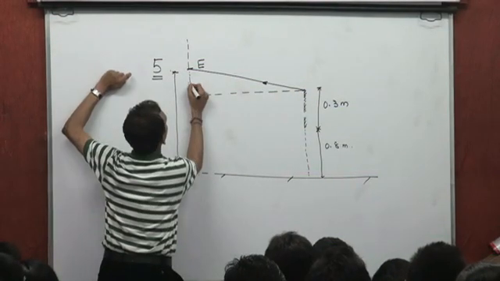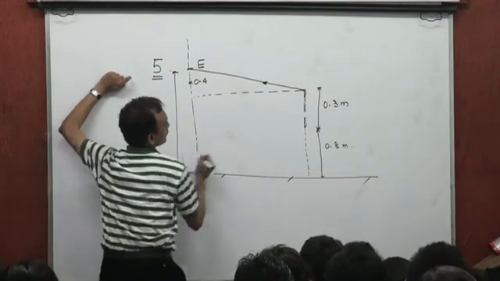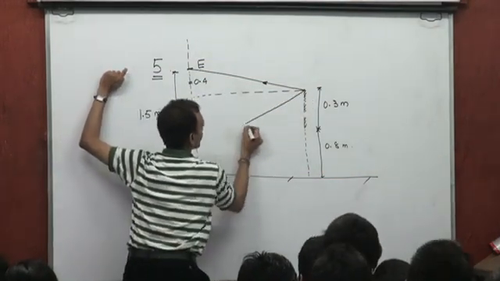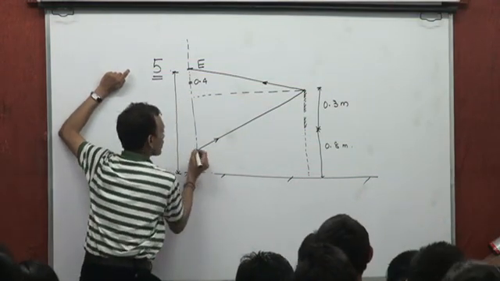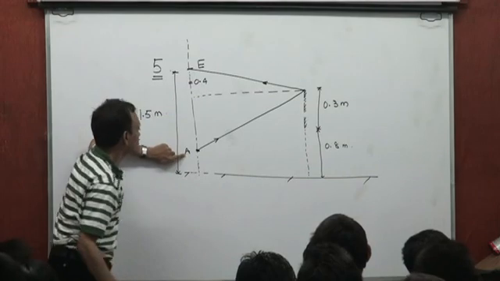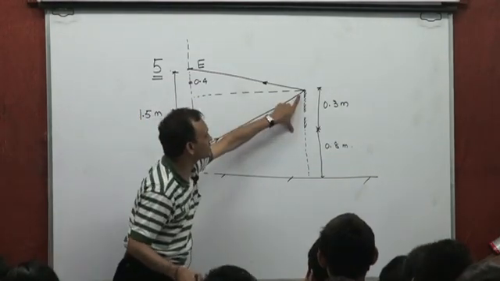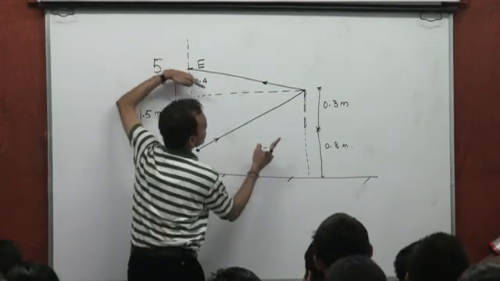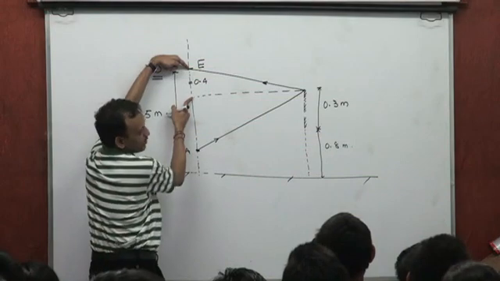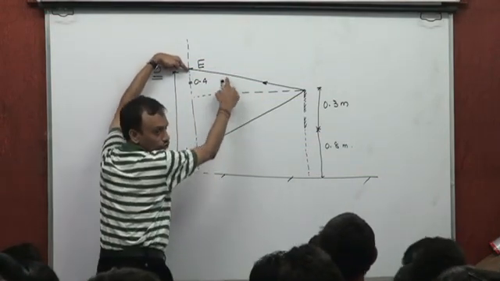This realize is 0.4 meters. That means one extreme that he sees is point A of his own self, right? It hits this edge and reaches the eye, and realize that this is 0.4. This is 0.4. So these two triangles are congruent.